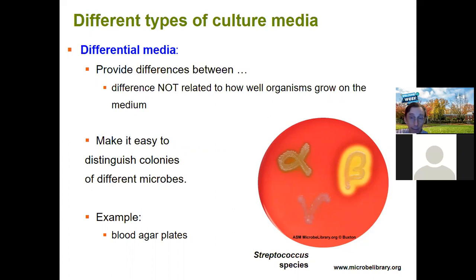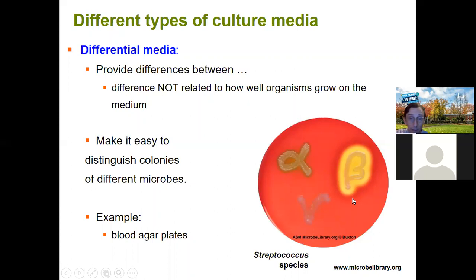There's also beta hemolysis, and that's complete hemolysis. Here we have the white B, which is the bacterial growth, and it secretes a hemolysin, a protein that lyses the red blood cells. And so we have the red, right here.